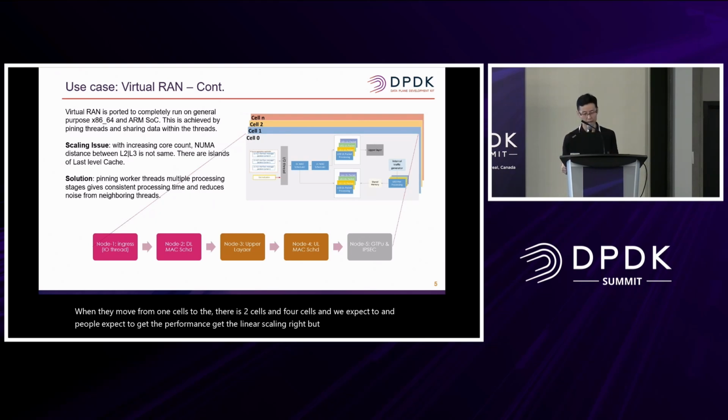But when they move from 4 cells to 6 cells, they are not really getting 100%. It's like 80% scaling. As soon as they go beyond 12 cells, what we are actually seeing is an even lower scaling percentage, all the way up to 32 cells. You can imagine, the scaling factor was not even 50%.